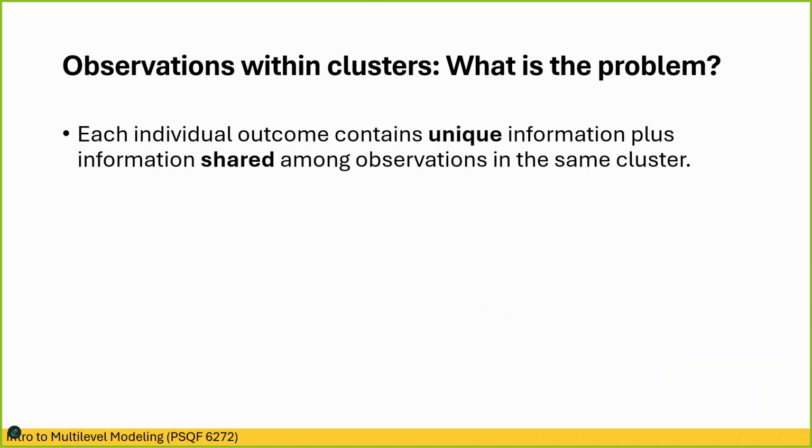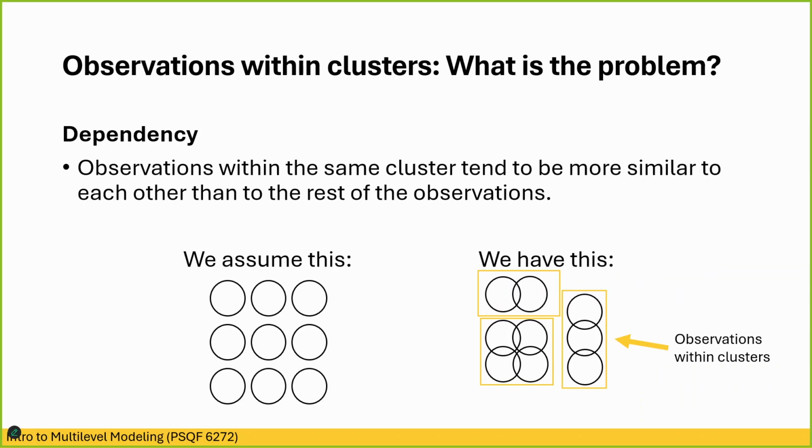Can you give an example of what a cluster would be? Yeah, the students in classrooms, the students in schools, the students in classrooms, schools, and districts. This idea of hierarchical units can help you to understand this, because when we have cluster data, we know that we have clusters, and within each cluster we can have different lower level units.